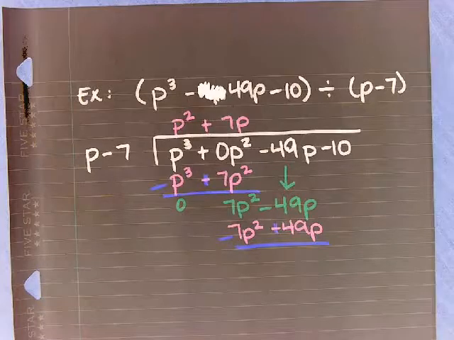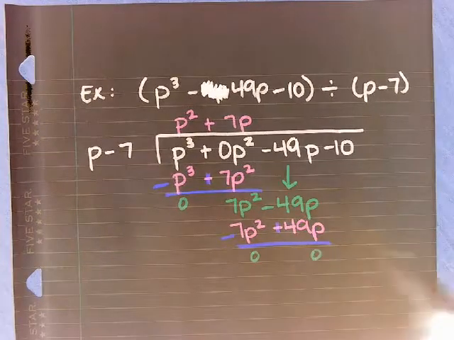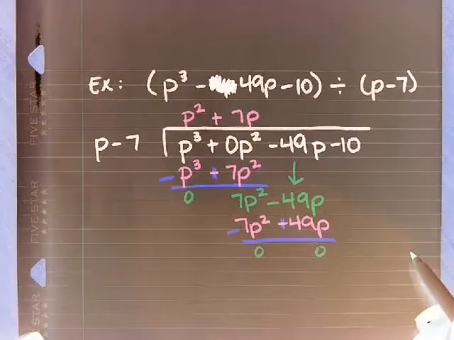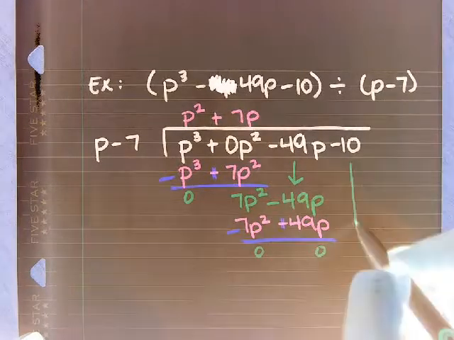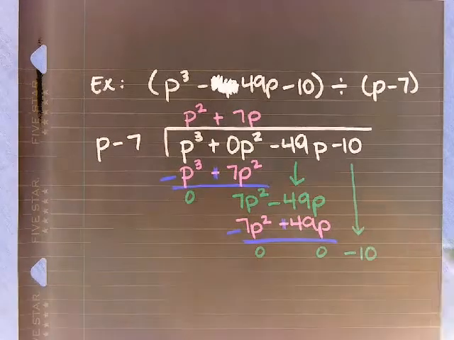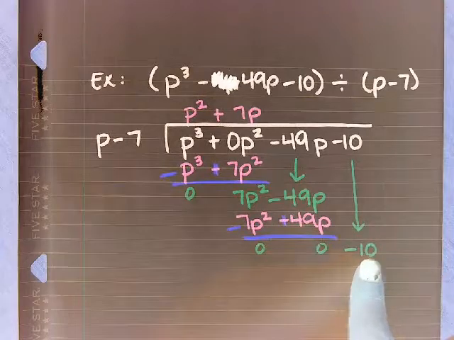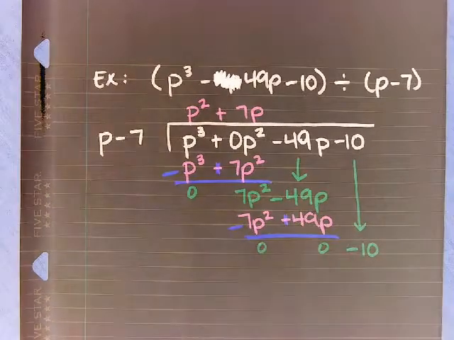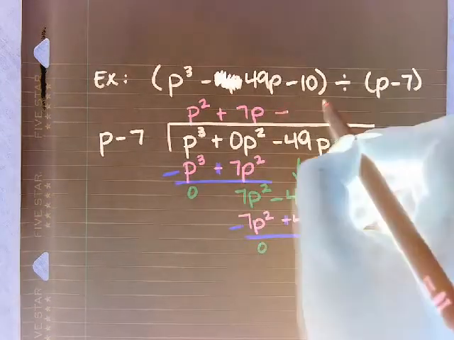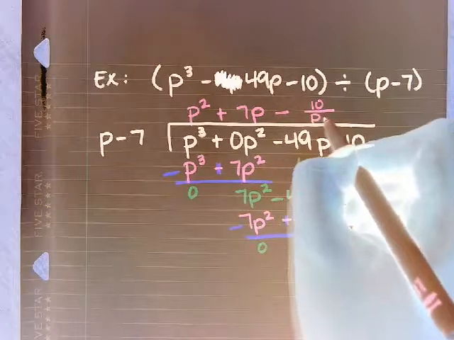You get 0 and 0. We've never had that happen before. Yeah, just drop down the negative 10. Yeah, and then that's the remainder. So now we can go ahead and just say, okay, that's the remainder. I must be done. So minus 10 over p minus 7.